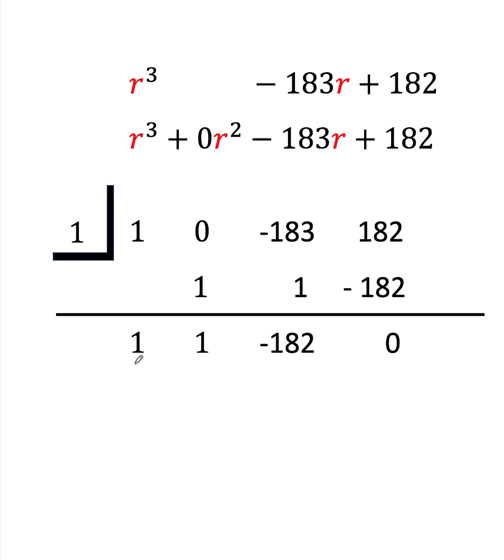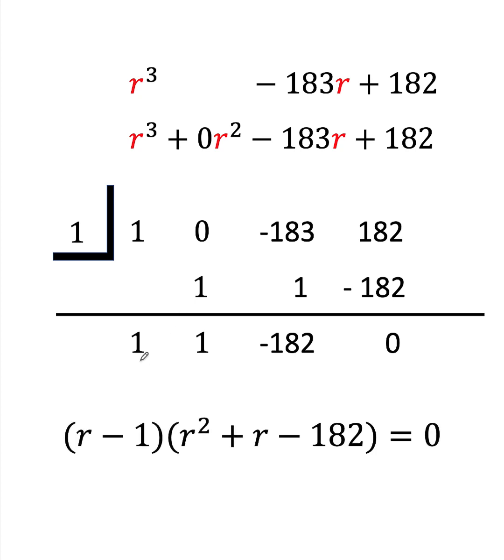This means that this 1, 1, and negative 182 are the coefficients of the resulting depressed polynomial, which in this case is quadratic. So we now have 1r squared plus 1r minus 182. Then this r minus 1 is based on the fact that 1 is one of the roots of this cubic polynomial.